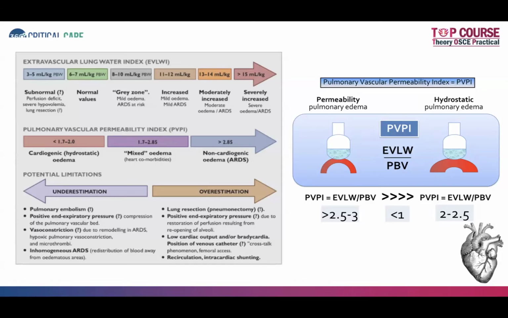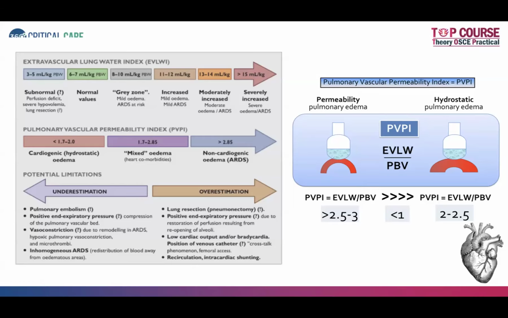The normal value is less than 1.7. Anything more than 2.85 gives us a clue that it is a non-cardiogenic pulmonary edema. So the extravascular lung water index tells us how bad the hydrostatic edema is, and the pulmonary vascular permeability index tells us how bad the vascular edema is, because of permeability issues.